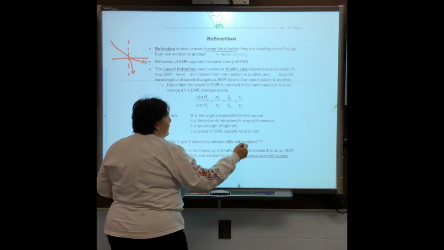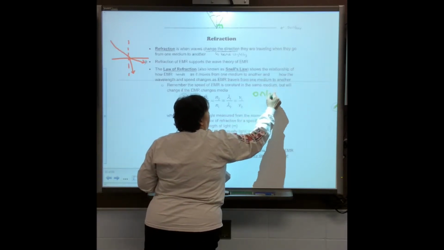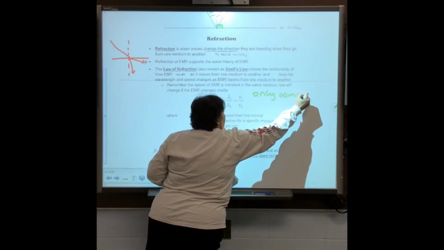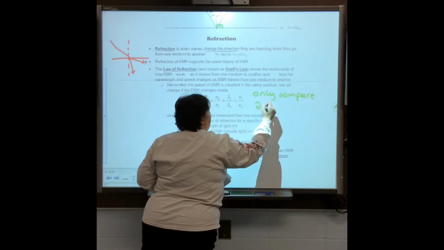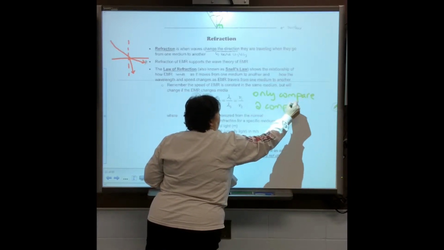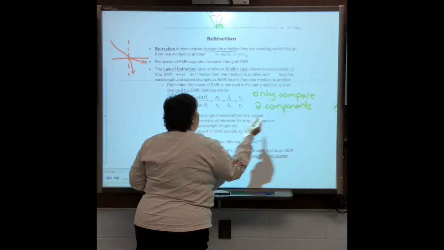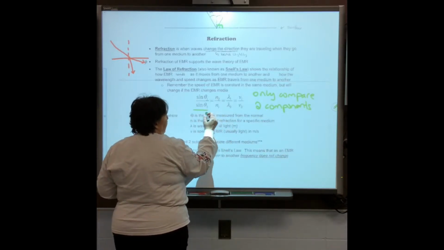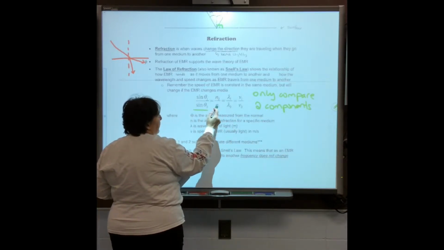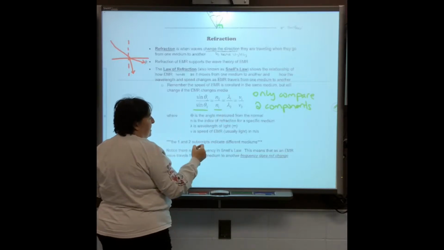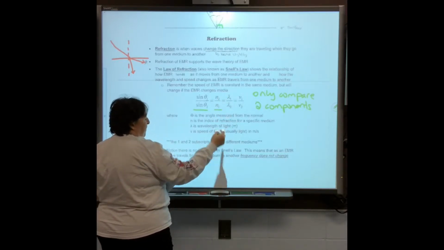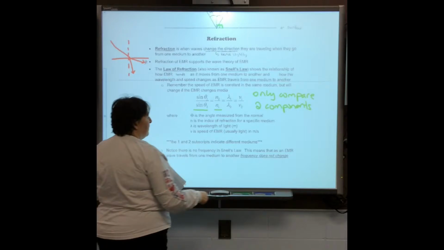And at any given time, you're going to only compare two. So you might only look at the wavelength or the angle of incidence and angle of reflection or refraction versus the index. Or maybe you'll look at wavelength versus velocity.